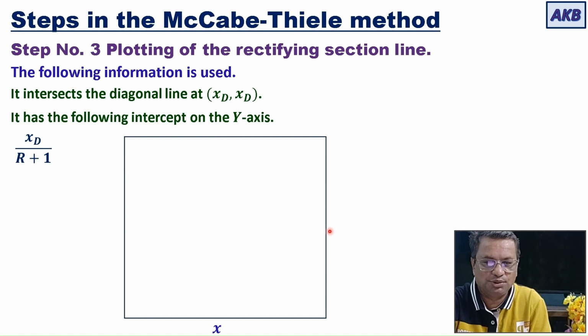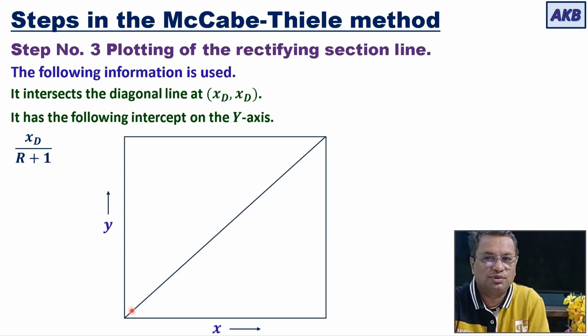Okay, so I showed you the distribution diagram. We have plotted x on the x-axis, y on the y-axis, and we have drawn the diagonal line, and you get the equilibrium curve. Now let us know how to plot the rectifying section line. For that, I will first locate this point, xD, xD. xD is the mole fraction of the more volatile component in the distillate, so it will be a higher value.